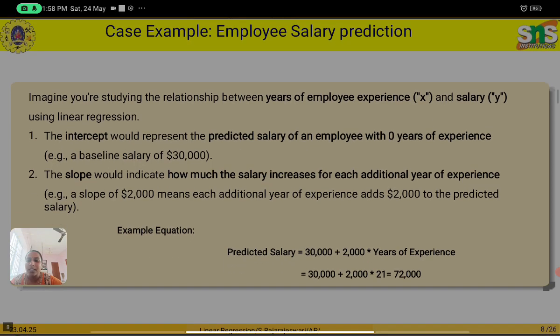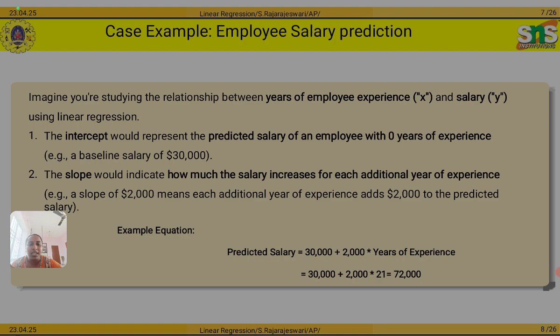For example, a slope of 2000 means each additional year of experience adds 2000 to the predicted salary. An example equation: predicted salary is 30,000 plus 2000 times years of experience, that is 30,000 plus 2,000 into 21, which is equal to 72,000.